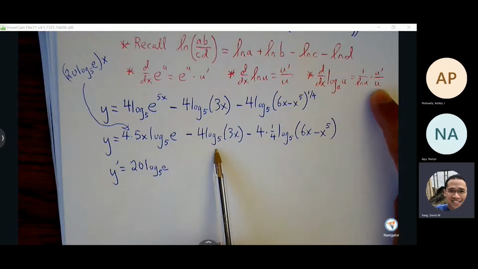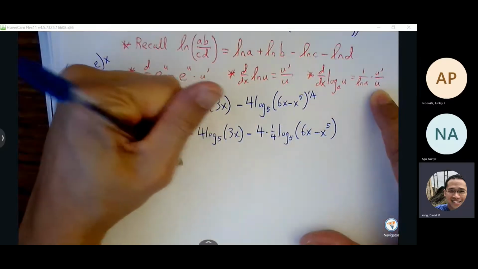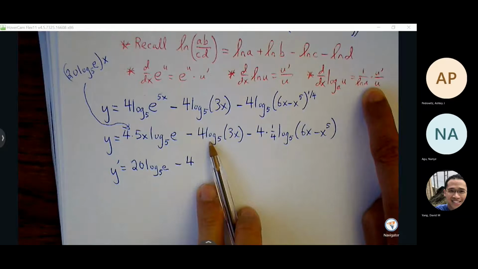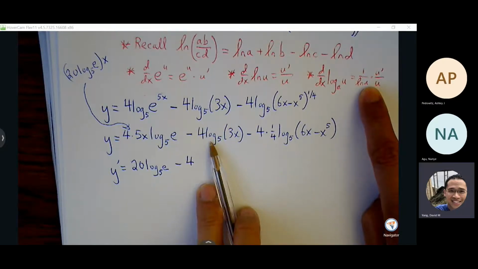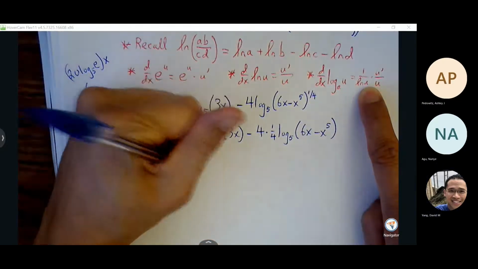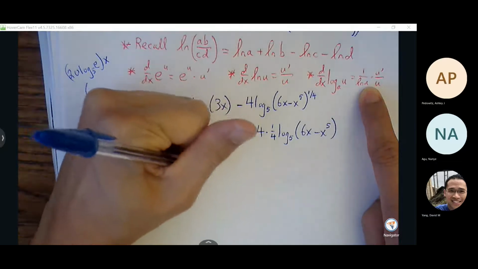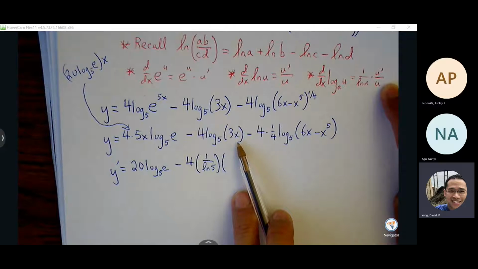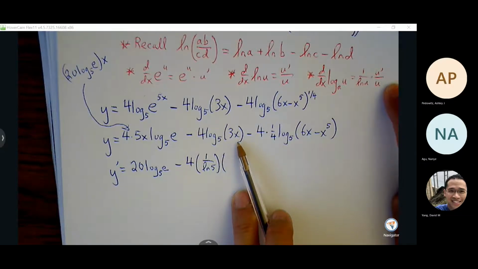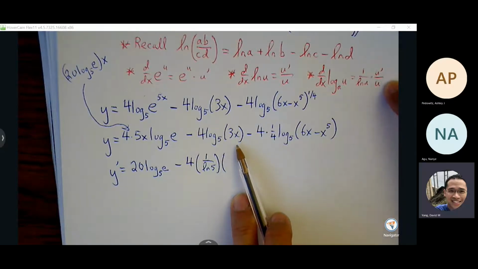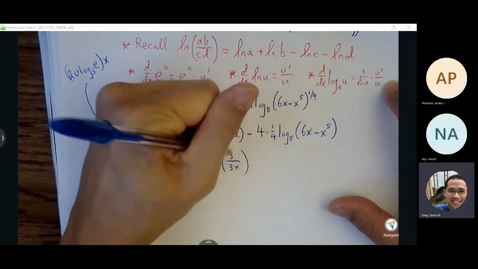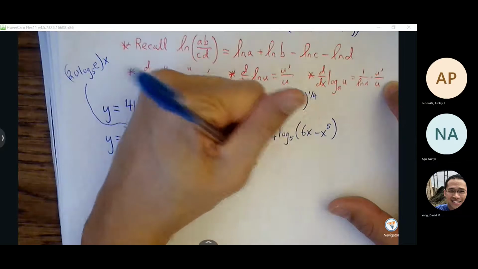Okay, moving on. Keep the 4. Log base 5, we get that 1 over natural log of 5. And then u prime over u, what does 3x become? 3 over 3x, which we can cancel out.